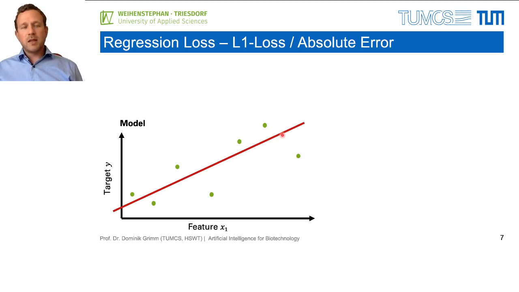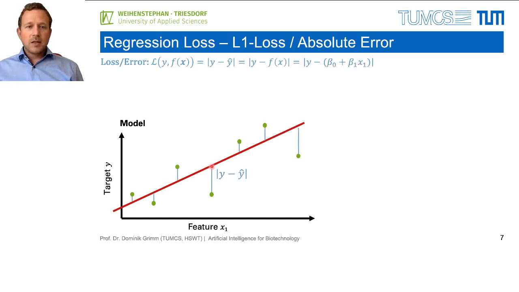So we have one set of beta 0 and beta 1, and when we have a prediction, we measure the absolute error of the true label to the prediction, which is nothing else than y minus y hat, and the absolute value of it. That's the absolute error. Quite easy.